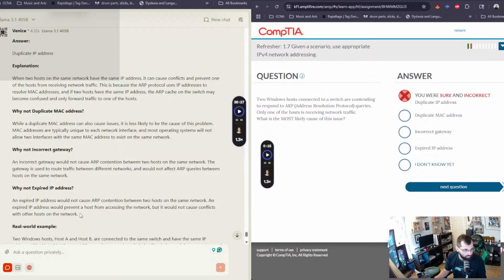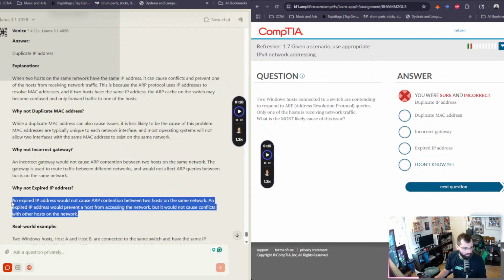I don't necessarily believe in that one, because if I have an expired IP address and I still have the IP address, and for whatever reason I just never got another one, the DHCP server is going to think that it has that IP address, and it's the mother, it's the god. So my little computer thinks it has, I don't know, 192.168.0.1, but it doesn't, because it's not communicating back.